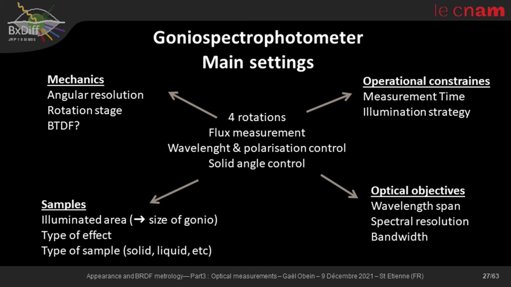You want something larger, let's say 10 millimeters. But if you illuminate your sample with an angle of 80 degrees, for instance, then it's 10 millimeters divided by cosine 80 degrees. It gives about 50 centimeters, the projection. You need to rotate around this. So around 50, then it gives 1 meter of diameter.